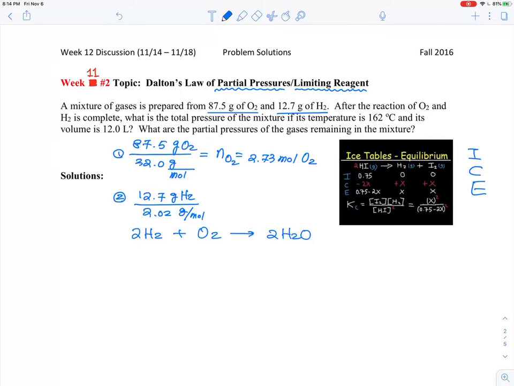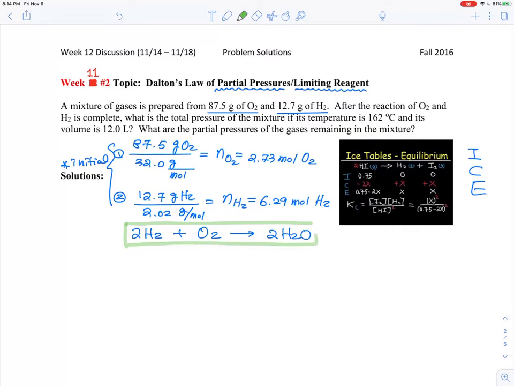So that makes the hydrogen initial number of moles 6.29 moles of hydrogen. And so this is essentially the initial condition.